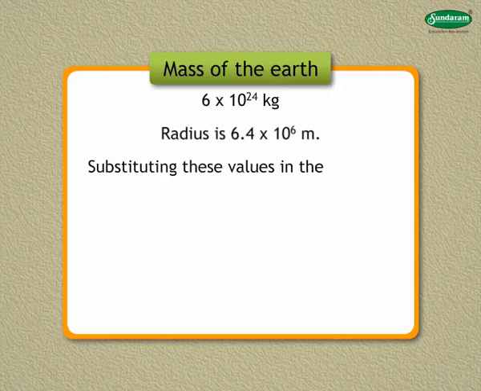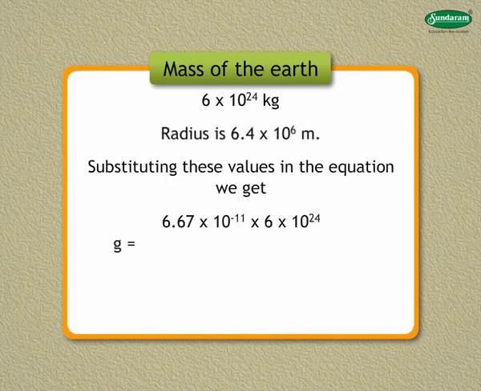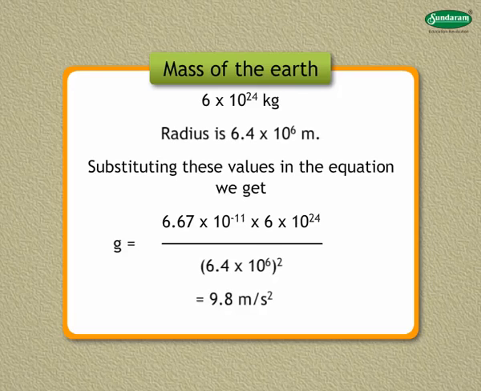Substituting these values in the equation, we get g is equal to 6.67 multiplied by 10 raised to the power of minus 11 multiplied by 6 multiplied by 10 raised to the power of 24 divided by 6.4 multiplied by 10 raised to the power of 6, the whole squared. Therefore, g is equal to 9.8 meters per second squared.